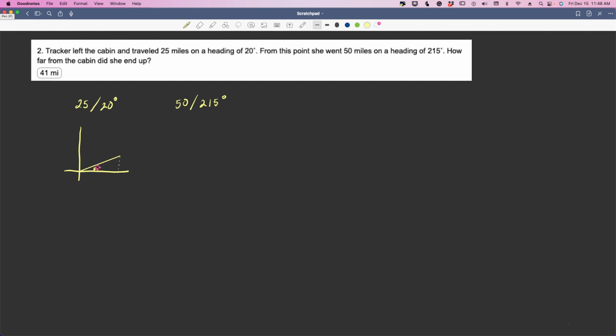This is 20 degrees, and it is a hypotenuse or a magnitude of 25 miles, right? This is positive r, and this is positive u. We don't know our legs of our right triangle here. So that's what we've got to find out. So let's do sine, because we've got SOHCAHTOA, right?